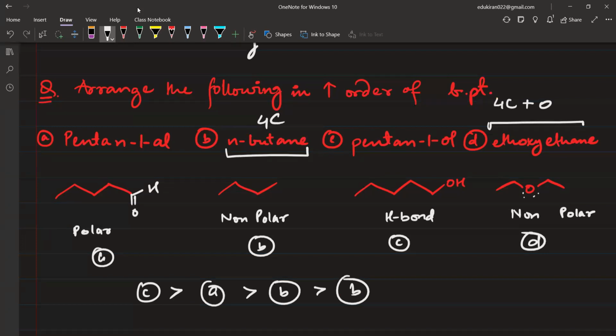So if I look at the molar mass, then also D will have a greater boiling point than B. Ethoxyethane will have greater boiling point in terms of polarity and also in terms of molar mass. Is that clear? Yes or no? Please tell me. Pia, you understood this part? Yes, sir. Okay, so you have to make the structure. If you don't make the structure, you will not get the correct answers. Right, next.